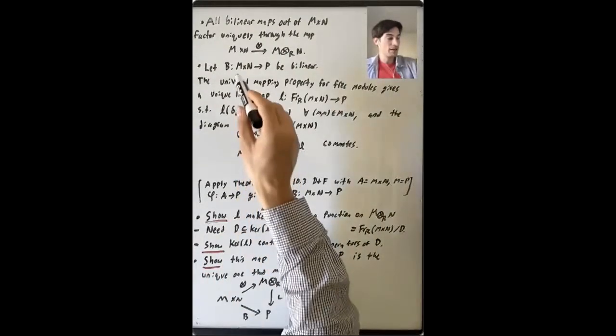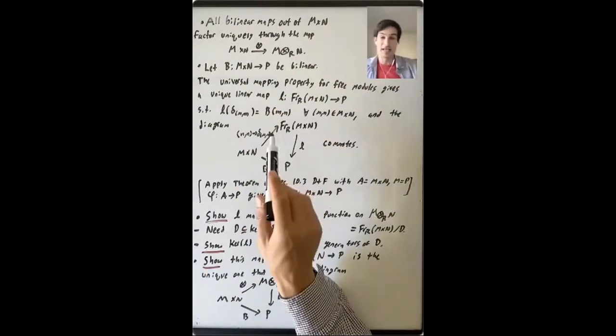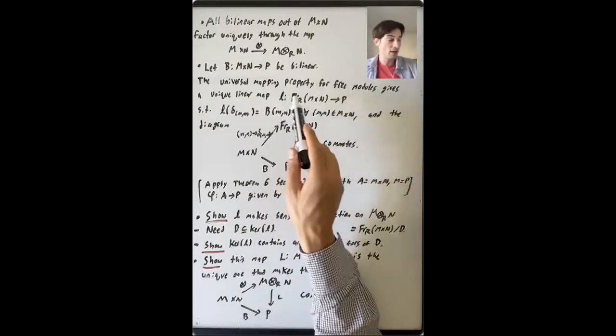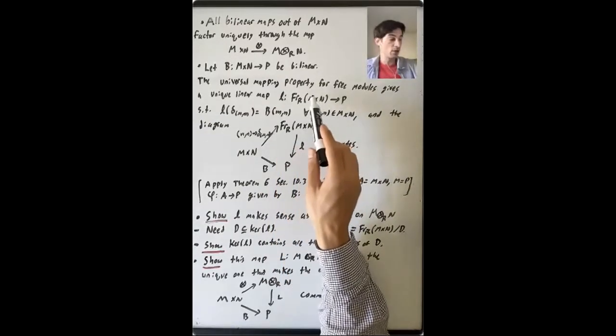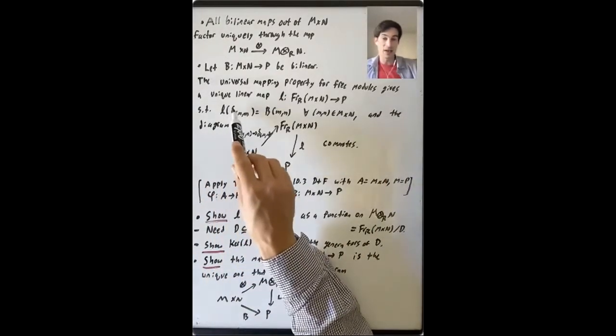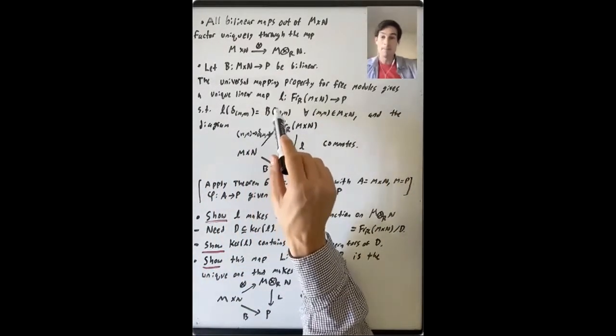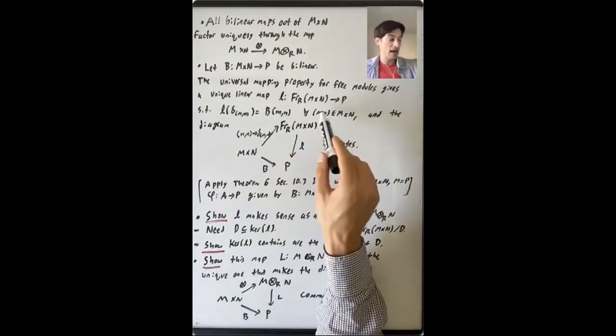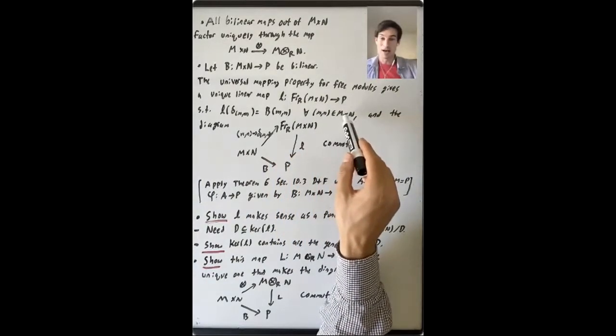The universal mapping property for free modules gives a unique linear map L from the free module on M × N to P such that L applied to δ(m,n) equals B(m,n) for all pairs (m,n) in the direct product.